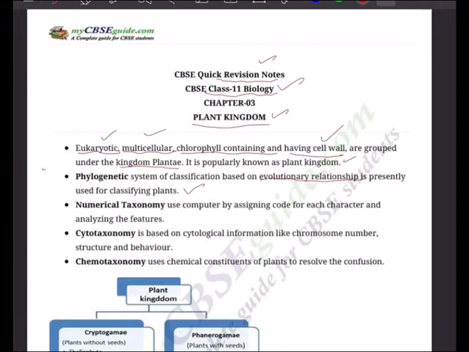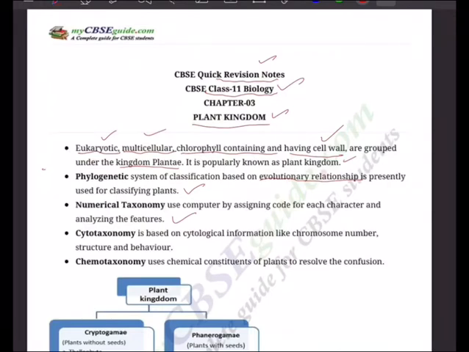Taxonomy is used by assigning code for each character and analyzing the features. Like, remember, we use the words keys, lead, like that. So we are going to use here the taxonomical hierarchy we discussed. And then the third category is cytotaxonomy. Cyto means cell.